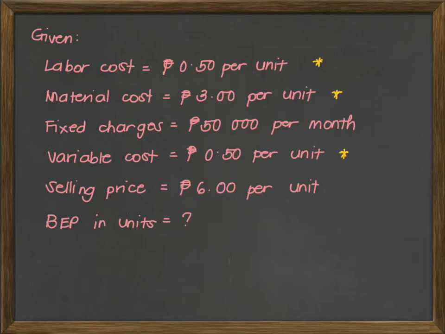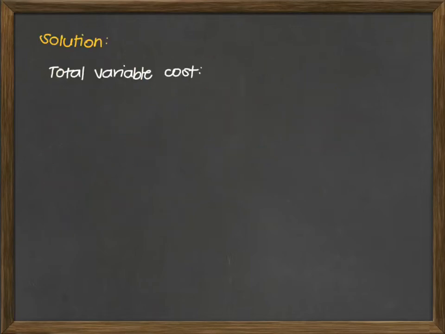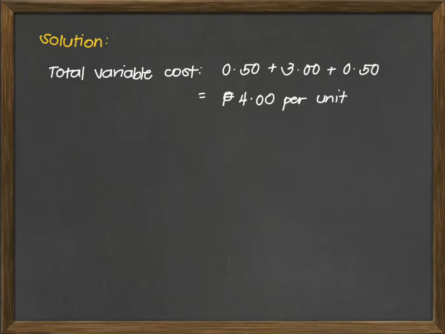So, we are getting the total variable cost. That's 0.5 plus 3 plus 0.5. That will give us 4 pesos per unit for our variable cost.